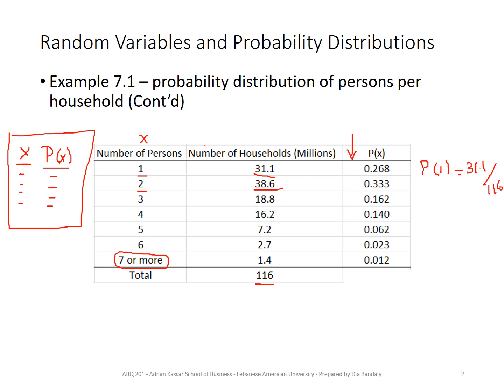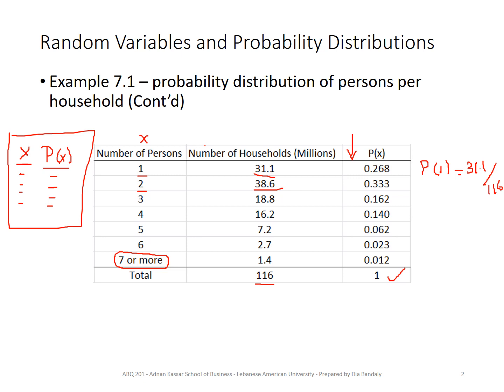The sum of all the probabilities of the possible values of X should be equal to 1. So we need to do the summation, and luckily here we have the value 1, which means that we did not make any mistake in the calculation above. So we're good. We have our probability distribution.